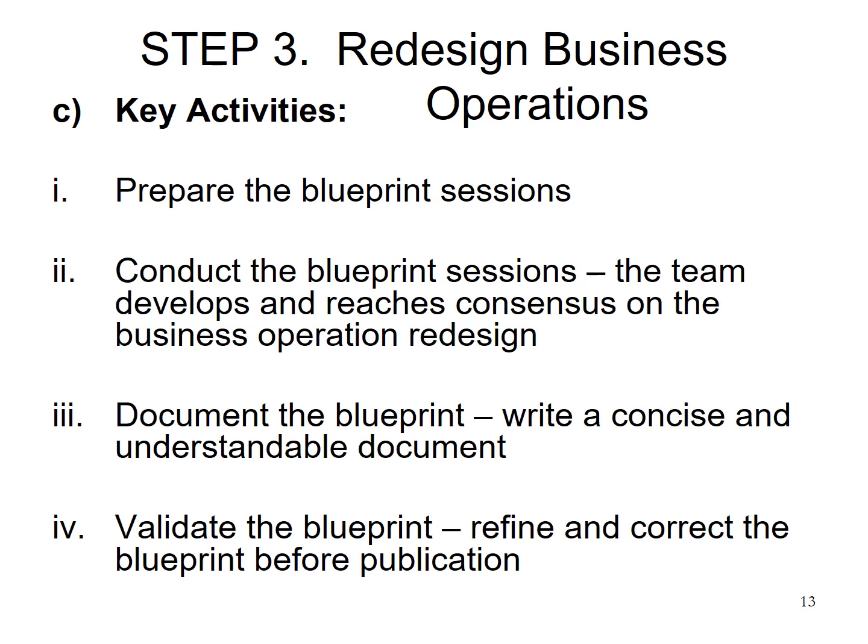The third key activity is to document the blueprint, recording whatever has been discussed. Production of the blueprint requires synthesizing the session results and writing a succinct and understandable document. The last key activity is to validate the blueprint. You need to refine and correct the blueprint before publication.